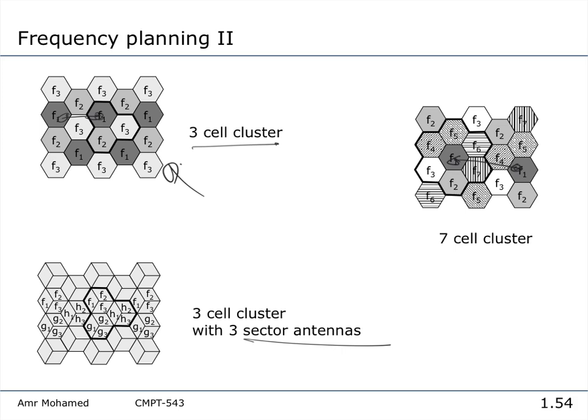And sometimes, by the way, I don't want to complicate things, but we can use multiple antennas as well, as we discussed before, for beamforming. So we create some kind of interference mitigation through beamforming.